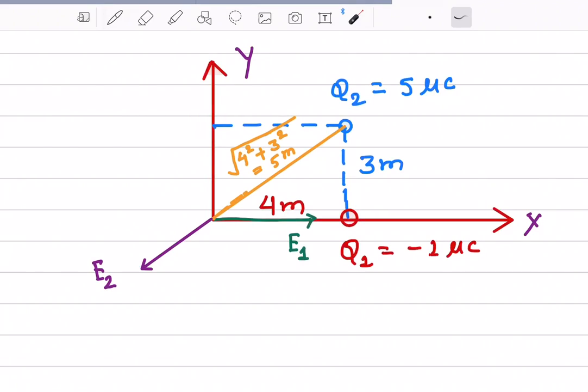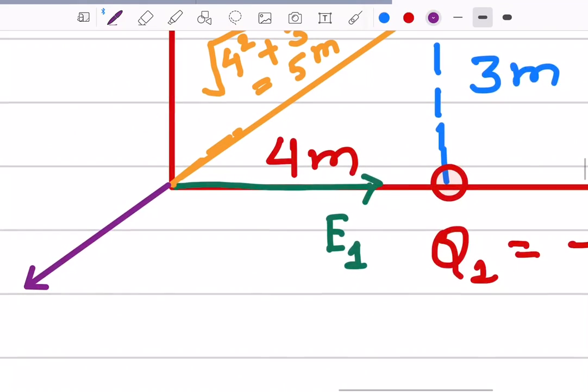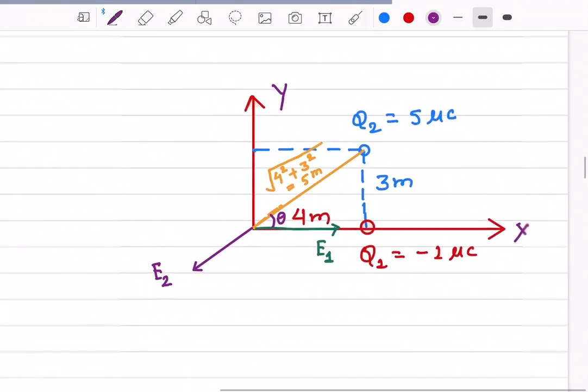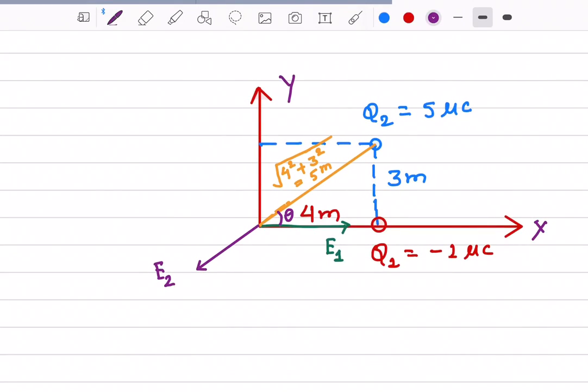We can find out the components. This will be the y component and this will be the x component. Okay, so let's find out the components. In order to do so, we're going to call this angle theta.